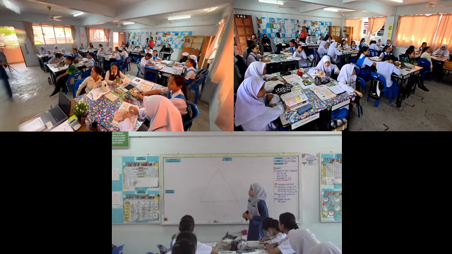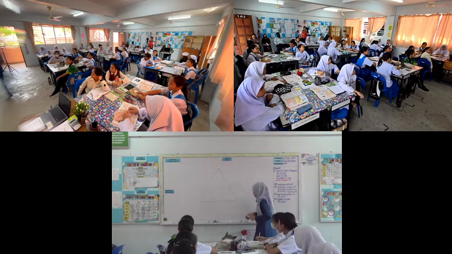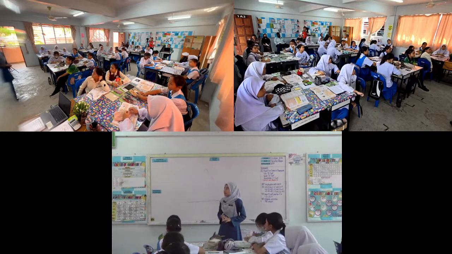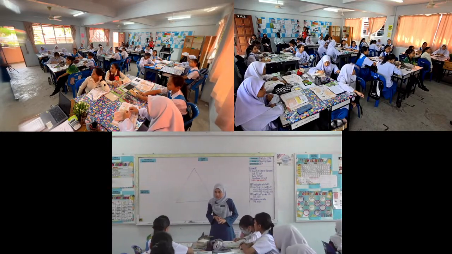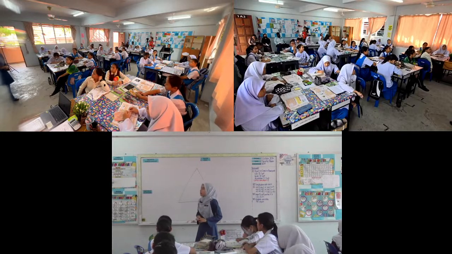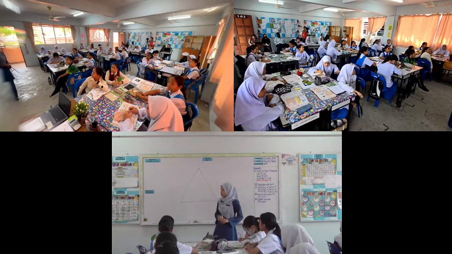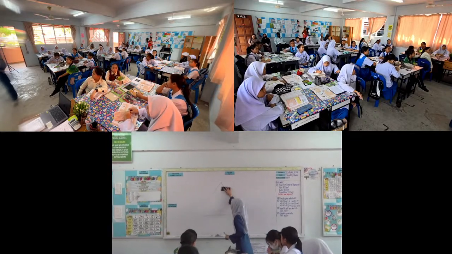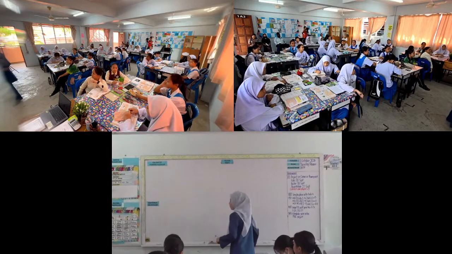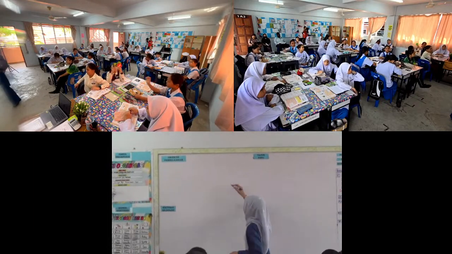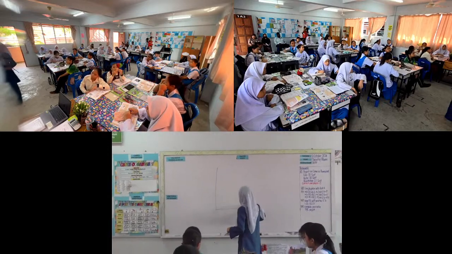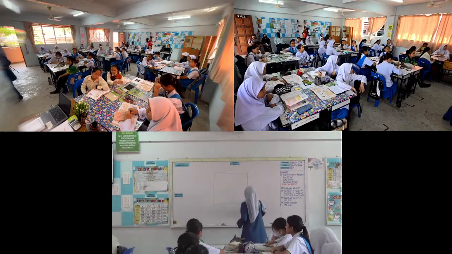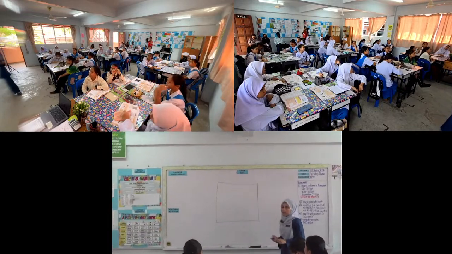Alright. For the quadrilateral, we can do a diagonal because it has one corner to another corner. The diagonals that we can make for the quadrilateral is 2. Let me draw a diagonal for the quadrilateral.